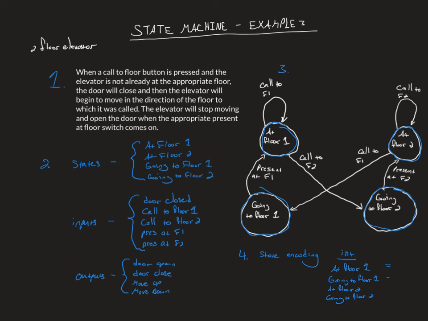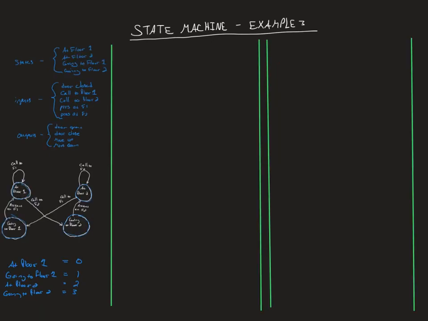So each of these will be equal to some integer value, which we're going to define. So let's say that at floor 1 is equal to 0, going to floor 1 is equal to 1, at floor 2 is equal to 2, and going to floor 2 is equal to 3.